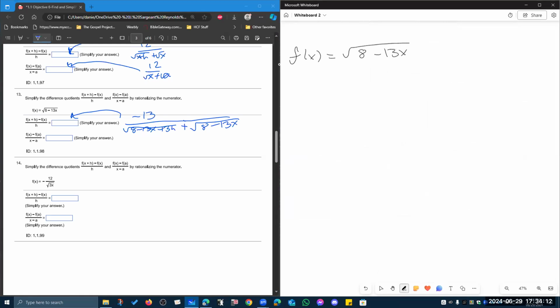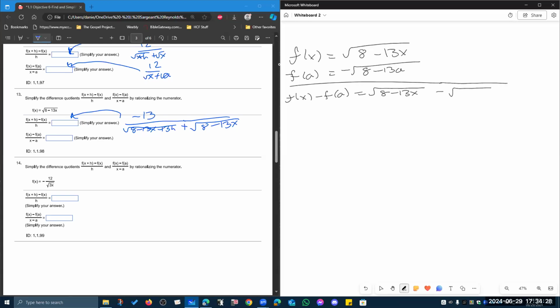F of a is 8 minus 13a. I'm going to subtract: f of x minus f of a equals, we're going to multiply by the conjugate there.